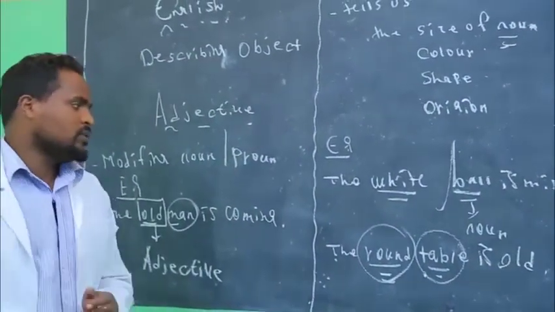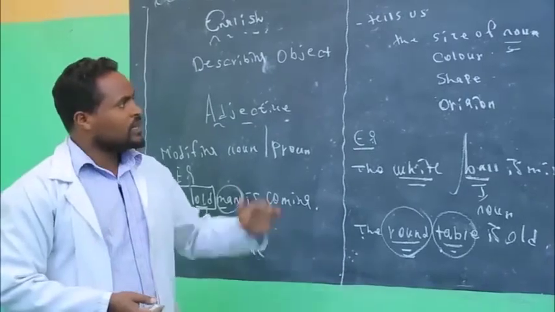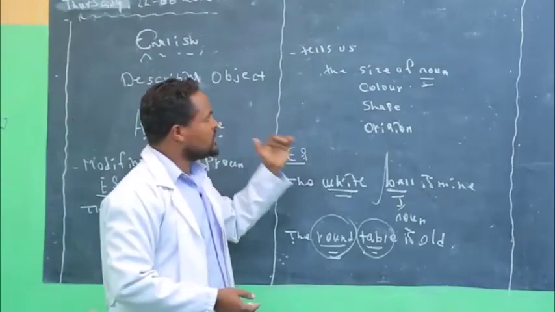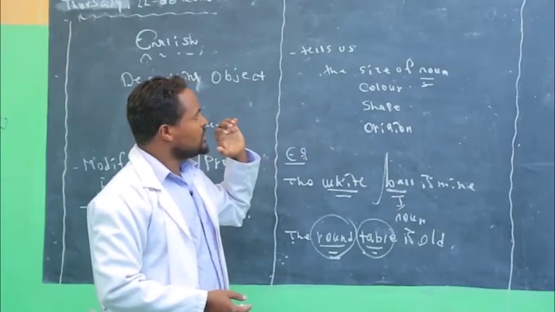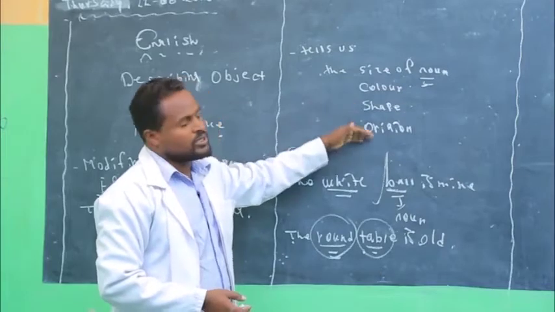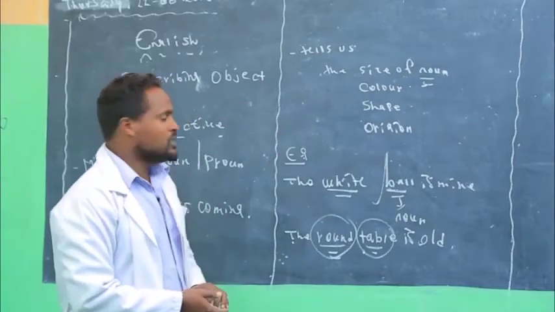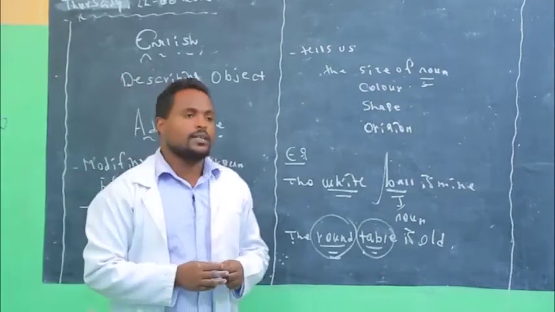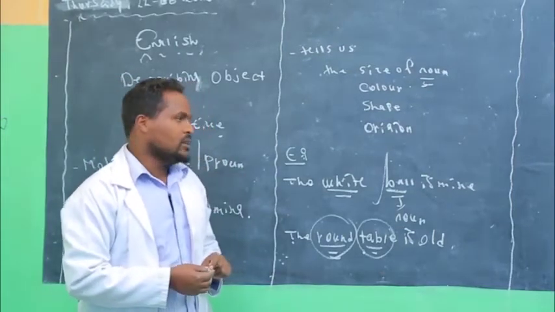So adjectives are also used to describe the shape of a noun. Adjectives describe the size, the origin, the shape. Size, color, shape, and origin are the purpose of an adjective. So, adjectives tell what the noun looks like.